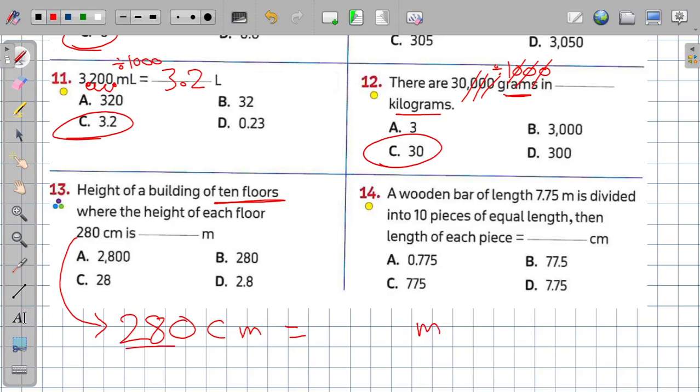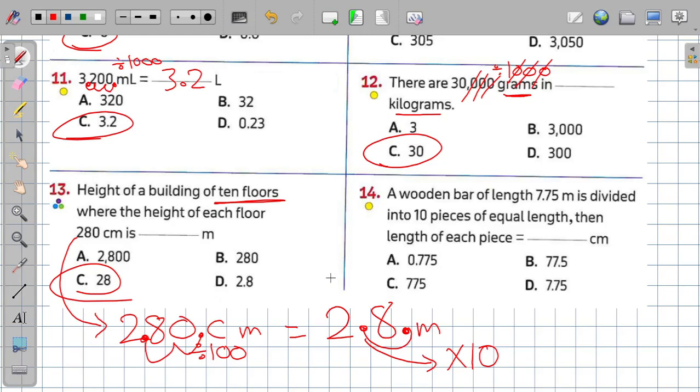So we'll divide by 100. Okay, so I have the decimal point and we will move it 2 places to the left. So I have 1, 2. So it will be between 2 and 8. Okay, but I want the height of 10 floors. So I will multiply this number by 10. So I will move the decimal point one place to the right. So it will be 28.